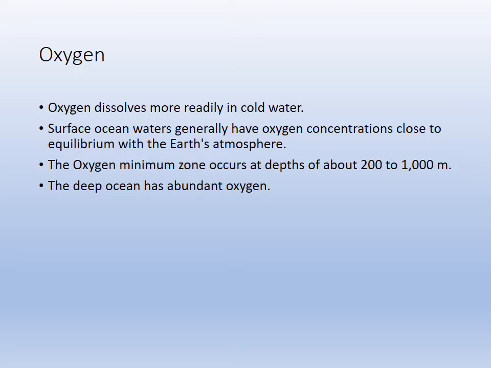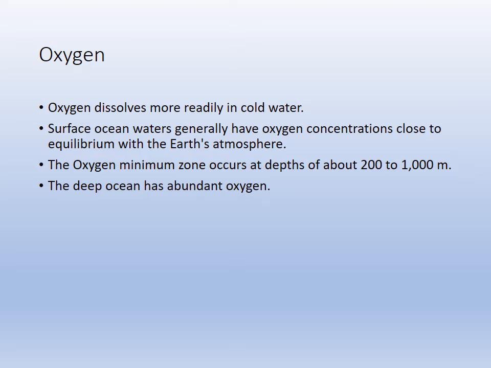Photosynthesis, respiration. Photosynthesis adds it, respiration removes it. The colder the water, the better it dissolves oxygen. So oxygen is abundant near the poles. Near the equator, you can have minimum oxygen. And also at depth, there is the middle layer of the ocean. When we look at ocean layers, it doesn't get much mixing.